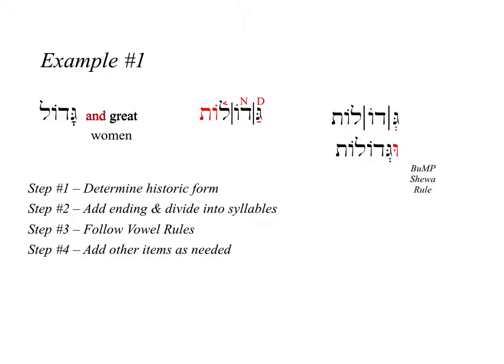And because we move from a vowel into the gimel, it can no longer take the begadkefat dot that was in the earlier form when it stood at the beginning of a sentence. We are now at the end of the process of creating the expression "and great women." It would be articulated as ugedolot.